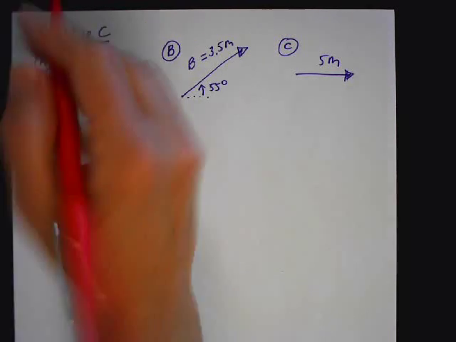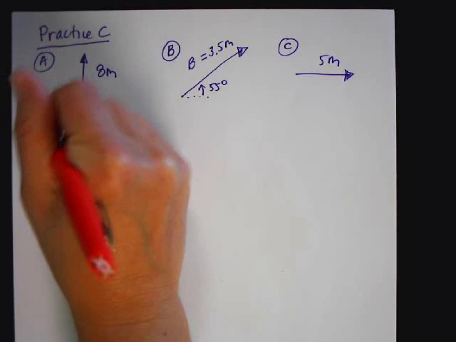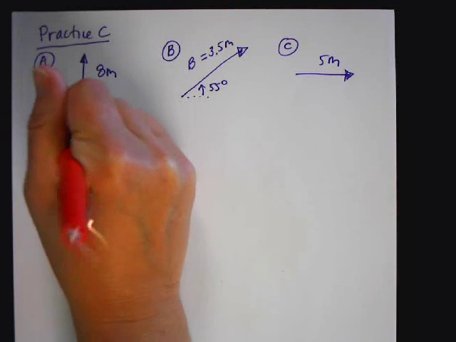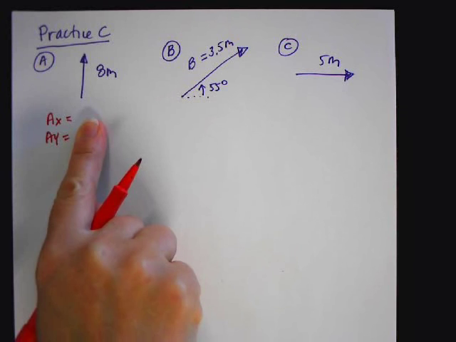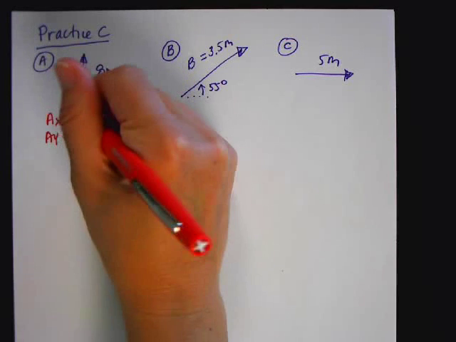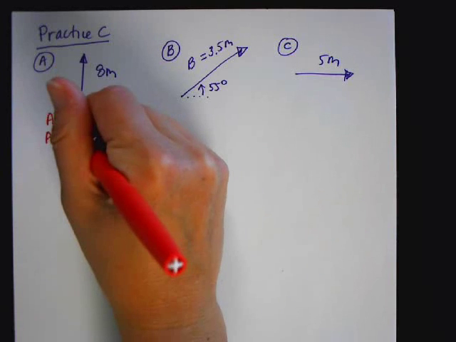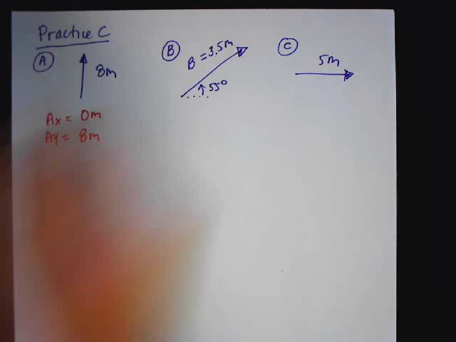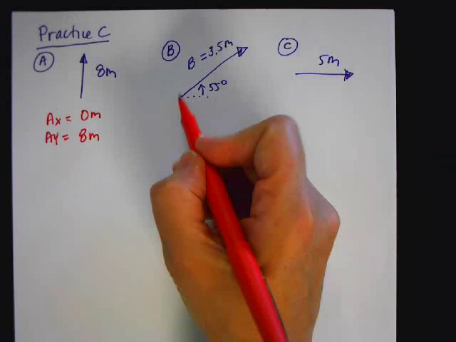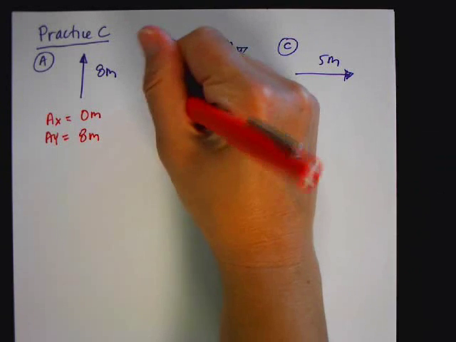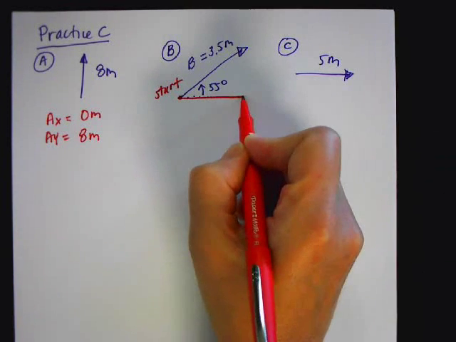AX is equal to 0, because it has no horizontal component, and AY is equal to 8 meters. Now B has a horizontal and vertical component. From where I start to where I end up, this is going to be BX. Then from the head of this vector to the tail of the other, I'm going to have BY.